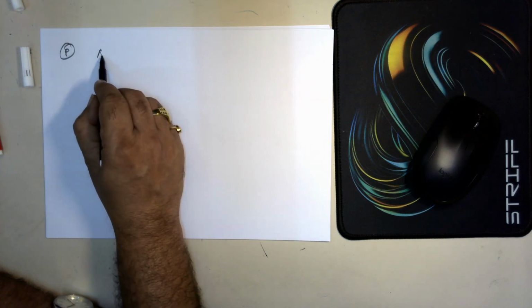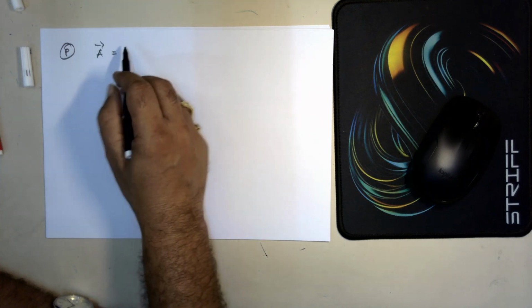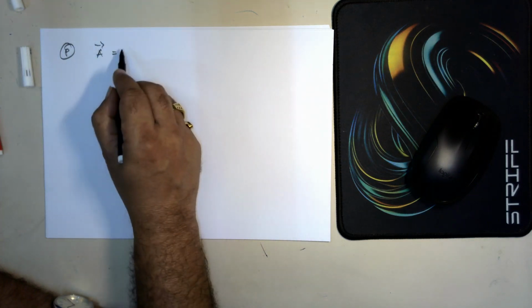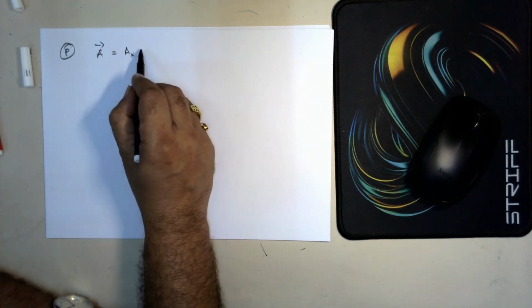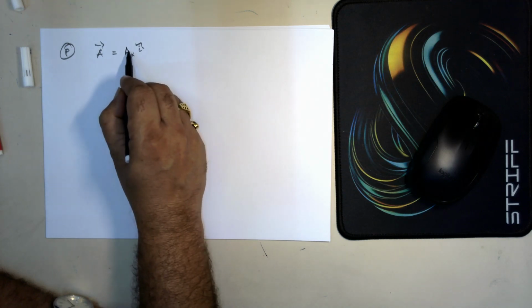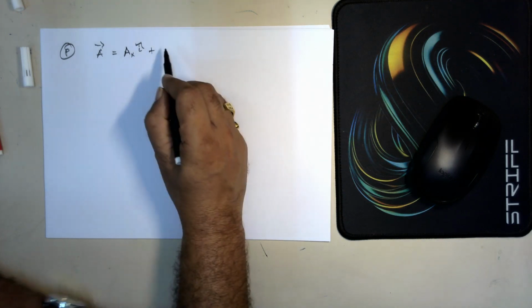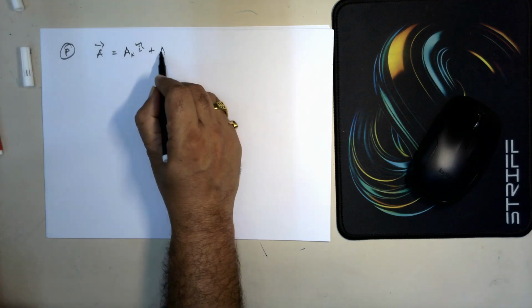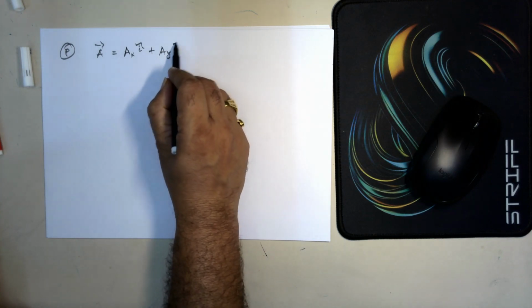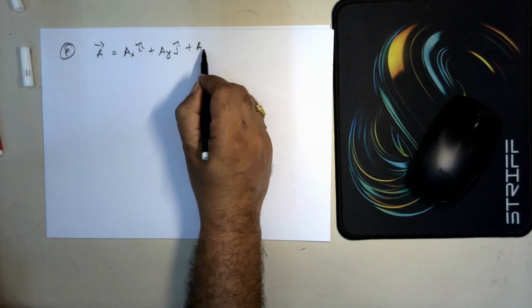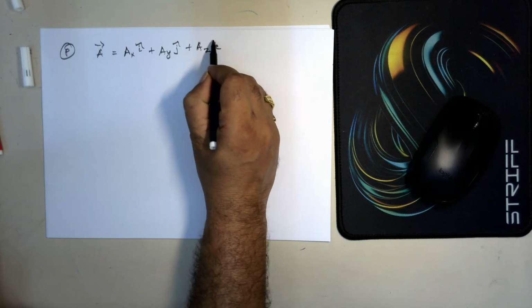Three vectors. Vector A is given in terms of components: AX I cap, and then AY J cap, plus AZ K cap.